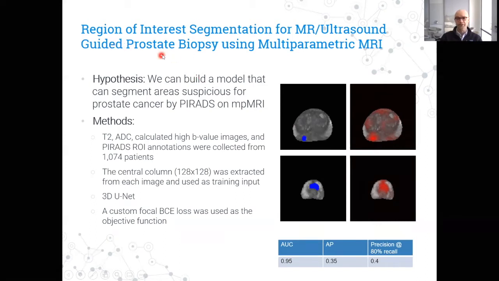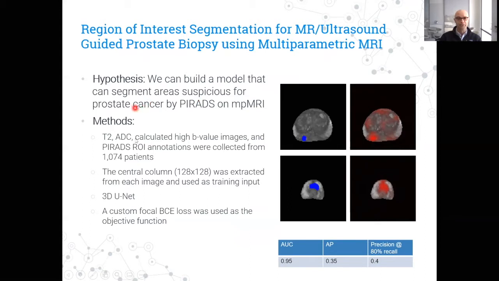So we subsequently used the ROIs generated by the radiologist to train a model to automatically segment areas suspicious for prostate cancer based on PIRAD scoring. PIRAD is the standardized scoring metric used by our abdominal radiologists to specify the suspicion of prostate cancer, okay?